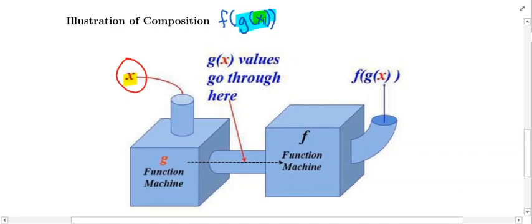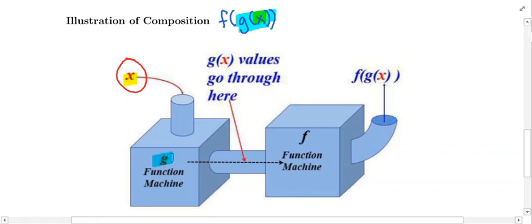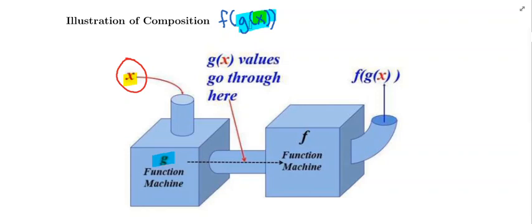So we're going to do what's in parentheses first. The first thing that's going to happen is that x is going to be plugged into the inside function. So x is going to be sent to g, because it's the inside function in this situation. g is its own rule. You plug x into g, and that's going to spit out some output, which is g of x.